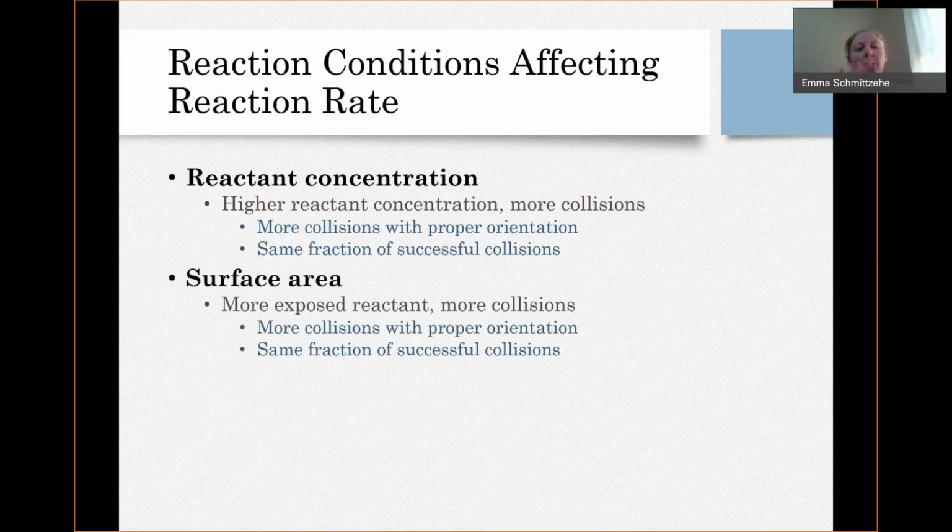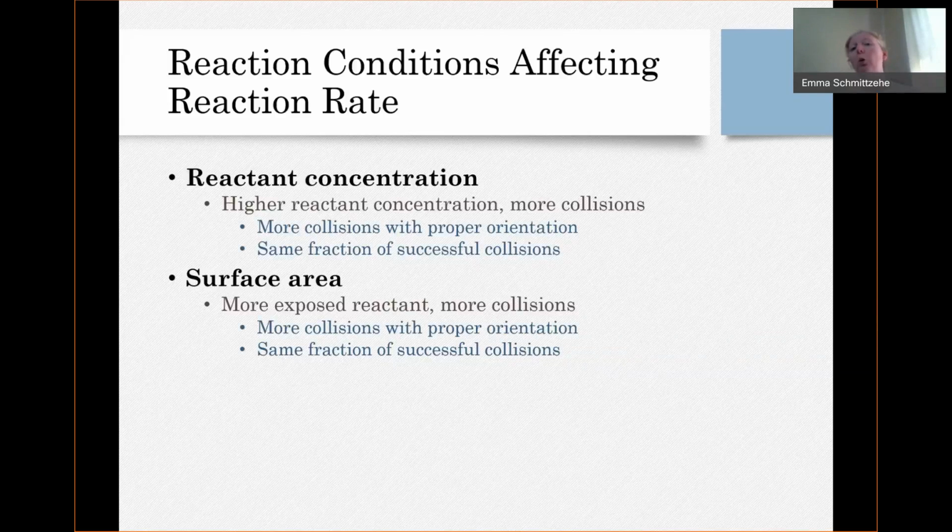But if you were to crush that up and spread it out, you'd have more surface area. And so there's more things for the other reactants to collide with. And so you would have more collisions in that case. So if you expose more of the reactant, if you free it up so it can interact with things, you're going to get more collisions.